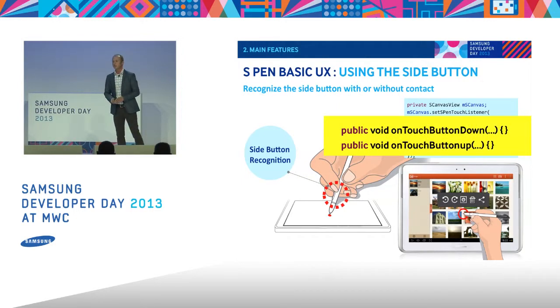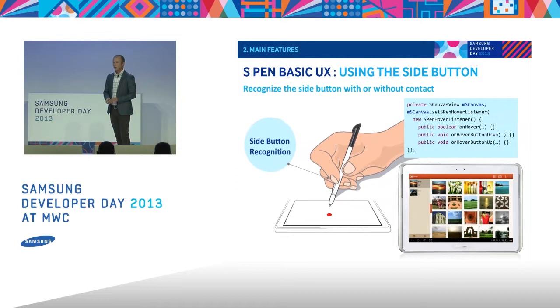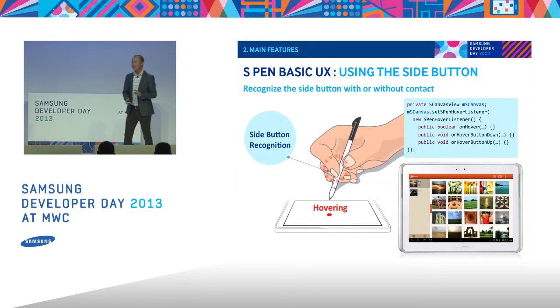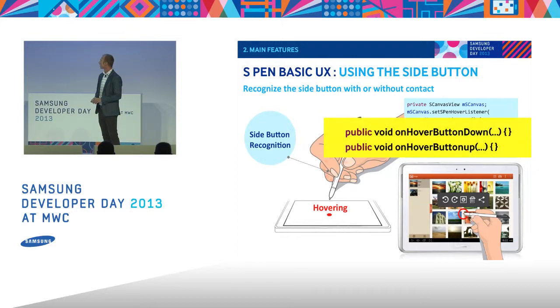What you need is only to implement the SPen onTouchListener method from the sCanvas class. Additionally, you can use it in hover mode, in other words, when the pen is not touching the screen. Here, we need to implement the SPen hover listener, also from sCanvas. The first one is onHoverButtonDown, and the second method is onHoverButtonUp.